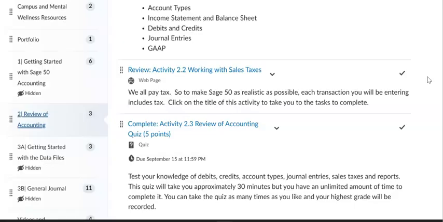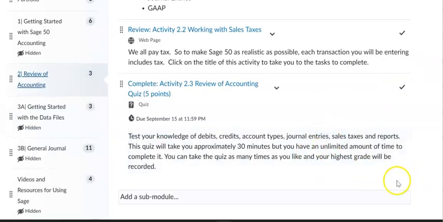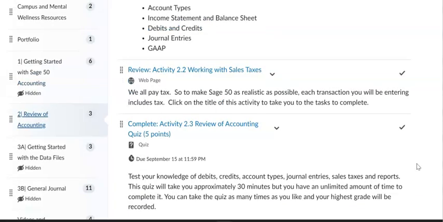And then once you've had a chance to review, there is an actual quiz that's worth 5 points. You can take the quiz as many times as you like. Even try it ahead of time just to see how much you remembered, then review the information and then try it again to see how you did.